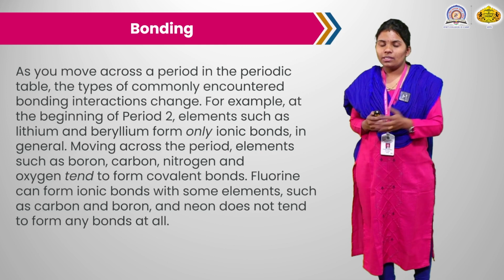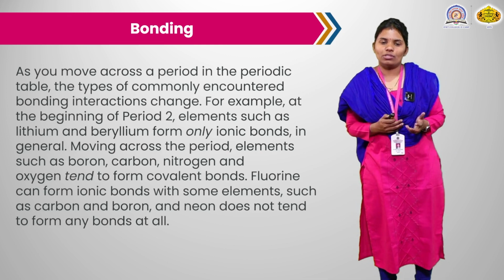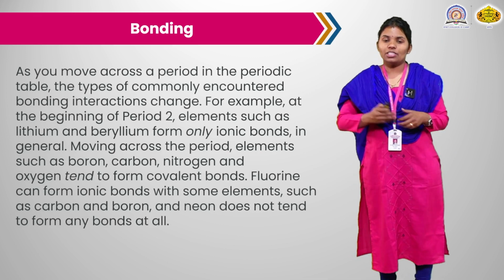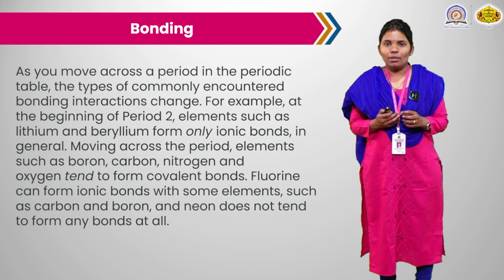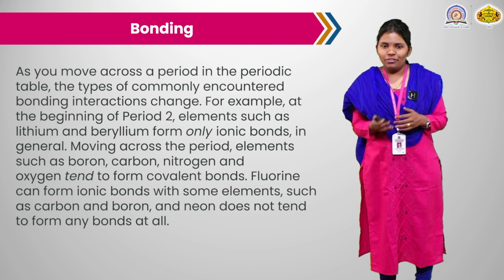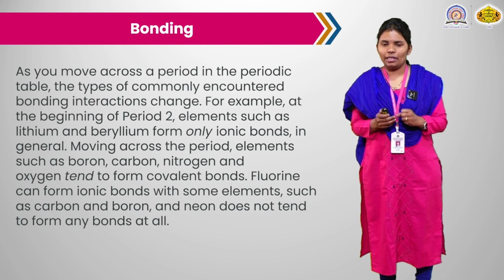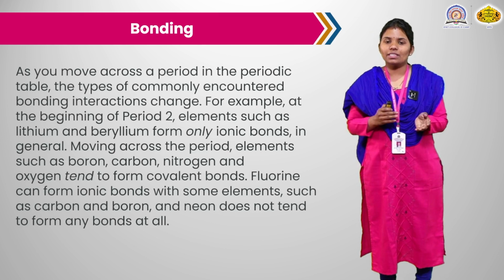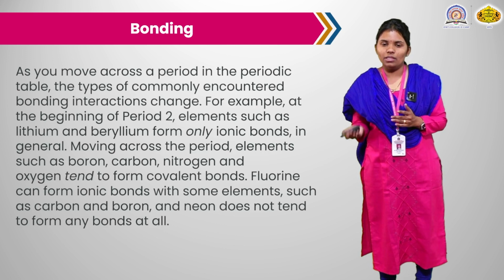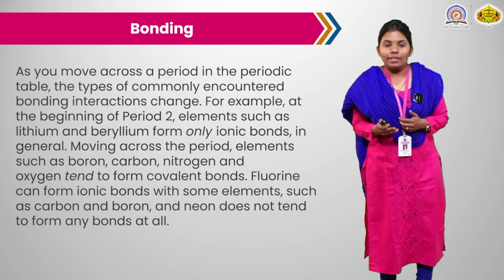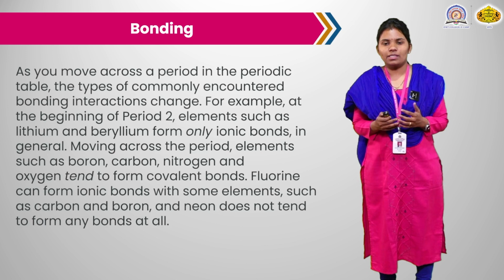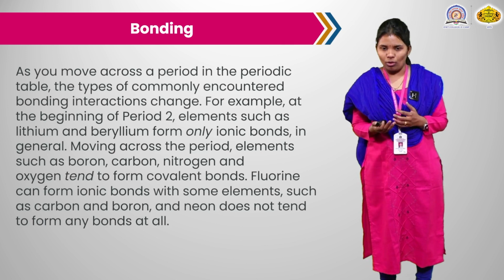Moving across the period, boron, carbon, nitrogen, oxygen tend to form covalent bonds. They just share electrons, because it is very difficult for them to donate all their electrons, as they have some electrons with them. So they share their electrons with the neighboring atom. Fluorine can form a covalent bond with some elements such as carbon and boron.